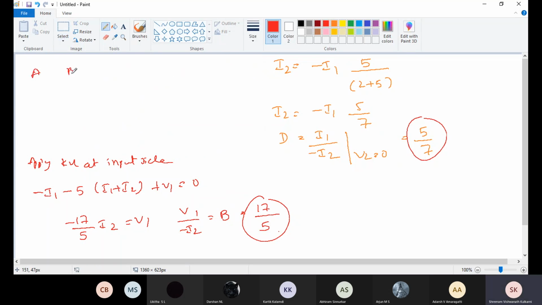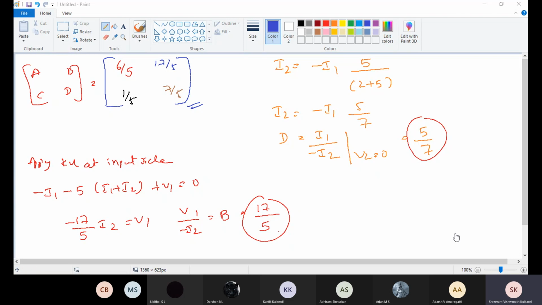My A, B, C, D are 6 by 5, then 17 by 5, then 1 by 5, then 7 by 5. These are my ABCD parameters.